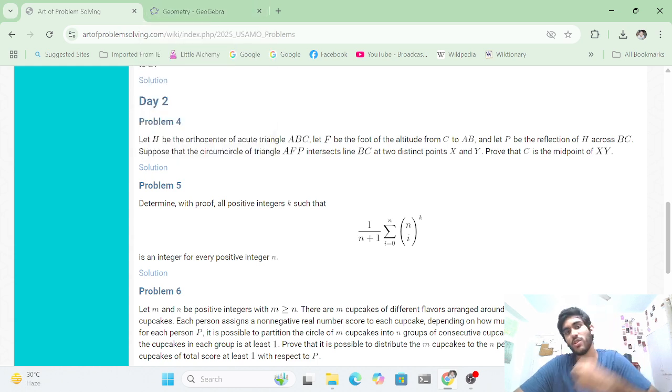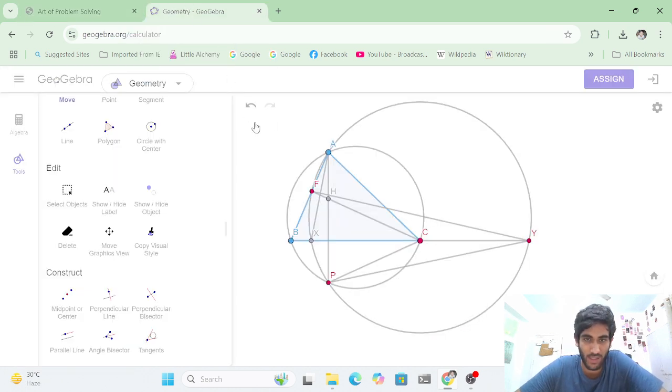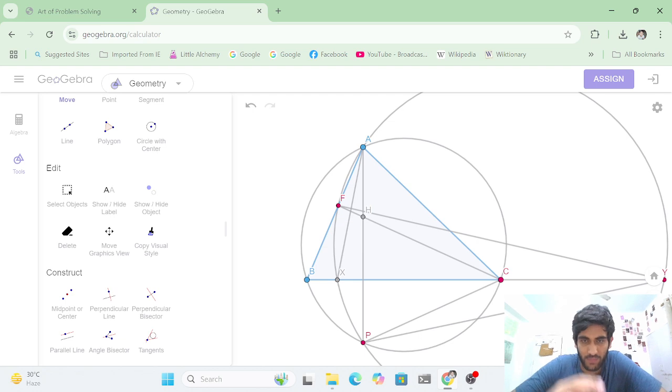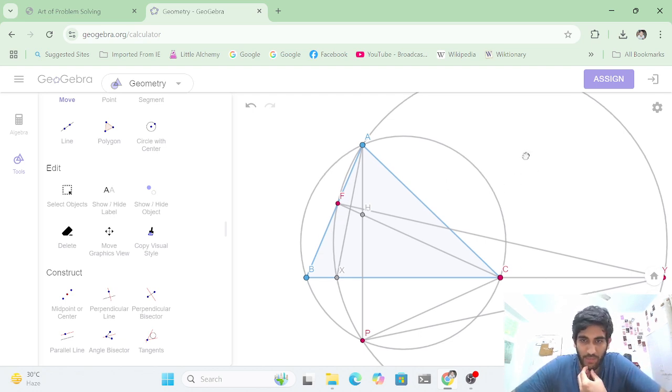I'll be using GeoGebra here. It's a really wonderful tool for showing geometry. I have drawn the complete figure beforehand to save time.